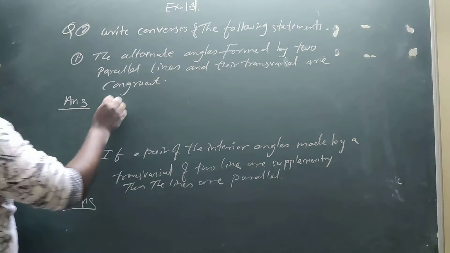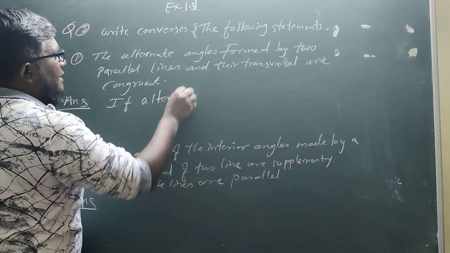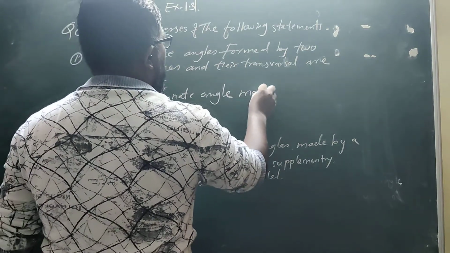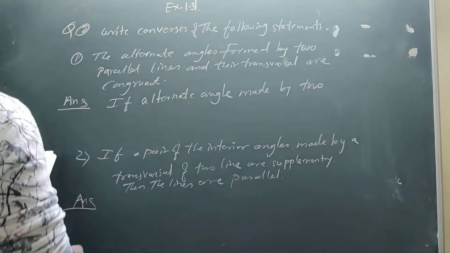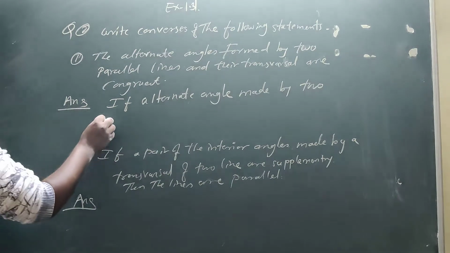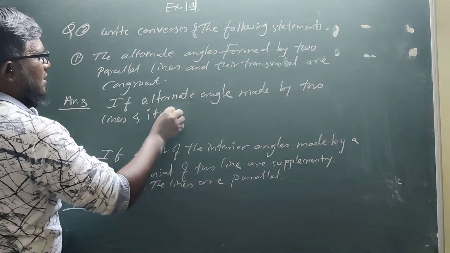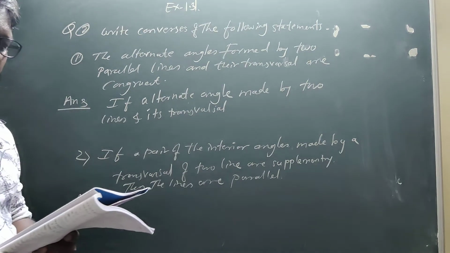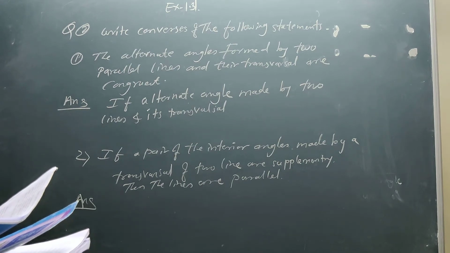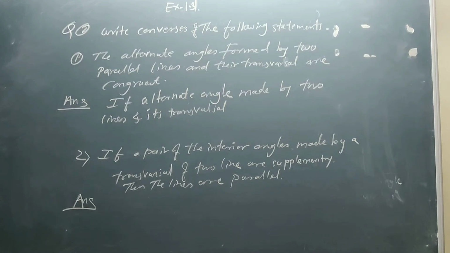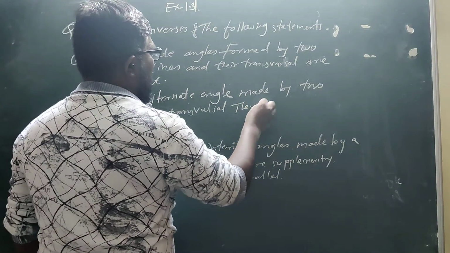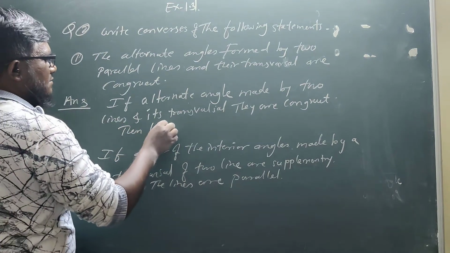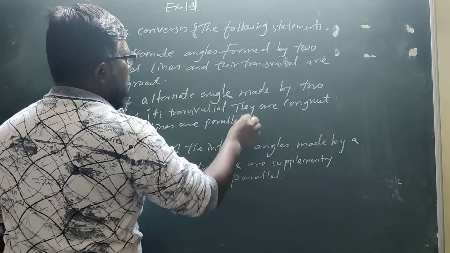If alternate angles made by two lines and a transversal are congruent, then the lines are parallel to each other.